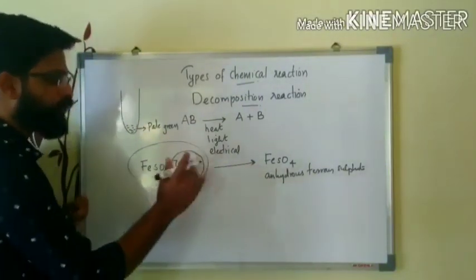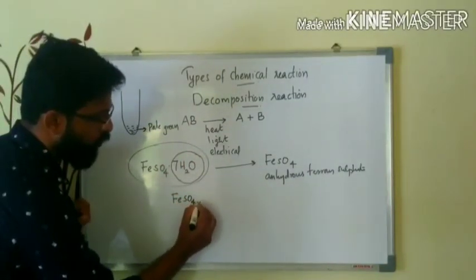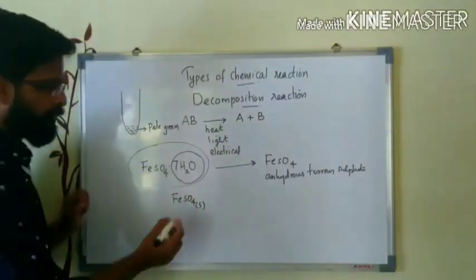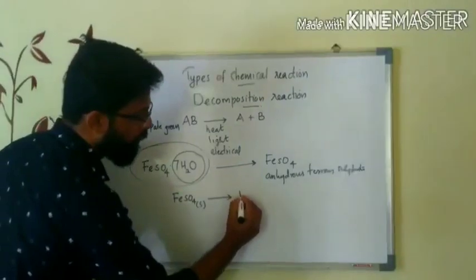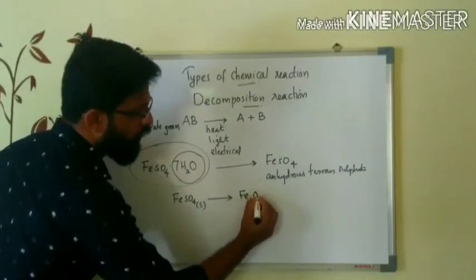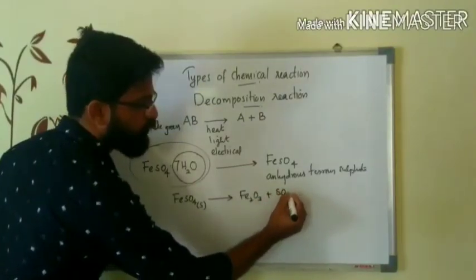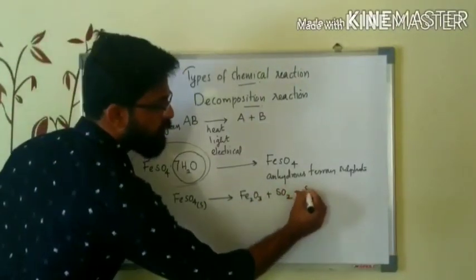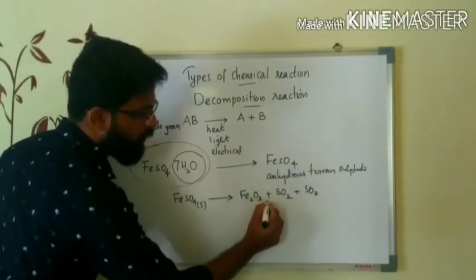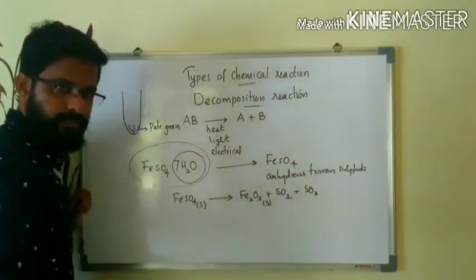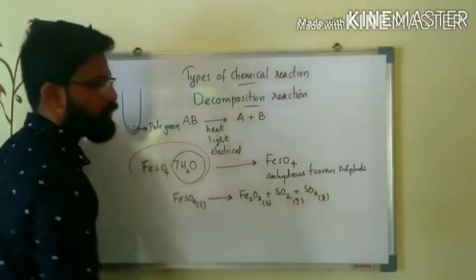Again I am heating this anhydrous ferrous sulfate, a solid substance. If you heat it, we will get ferric oxide plus sulfur dioxide plus sulfur trioxide. Ferric oxide is solid, sulfur dioxide is gaseous, and sulfur trioxide is also a gas.